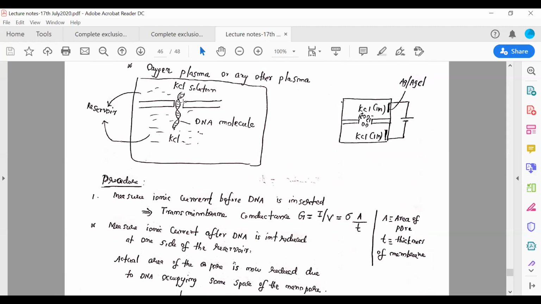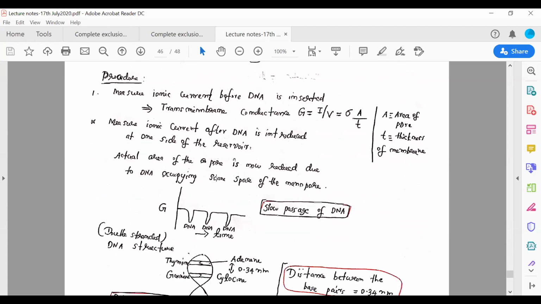You are destructively making this nanopore, so the edges are not perfect. They always have some functional groups, and those can be charged. If they are charged, then what will happen? This negatively charged DNA can interact with them, and this interaction will be a problem.